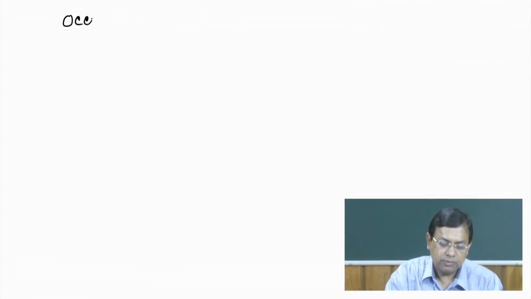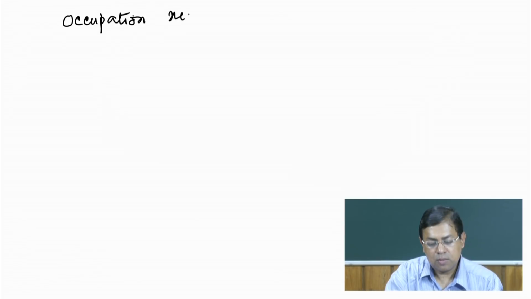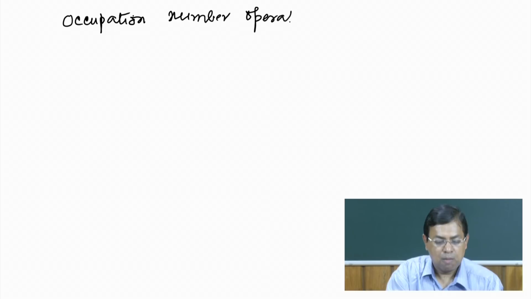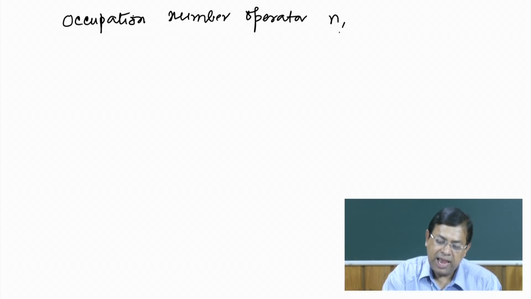So, now let us look at this problem and let us define the occupation number operator, which is n lambda, equal to A lambda dagger A lambda.